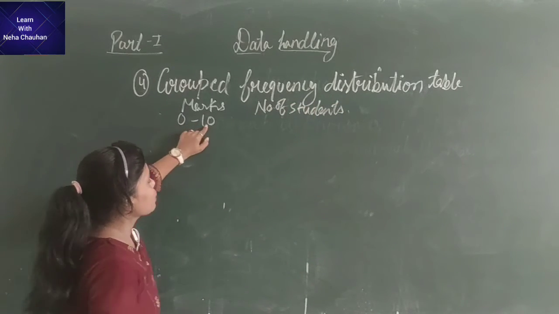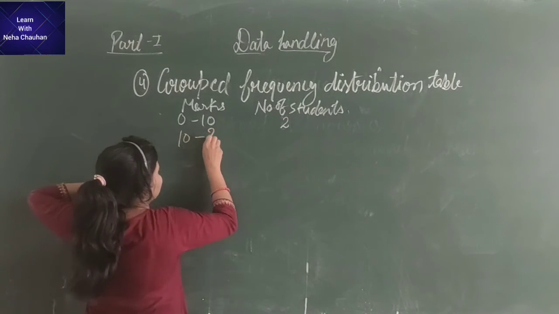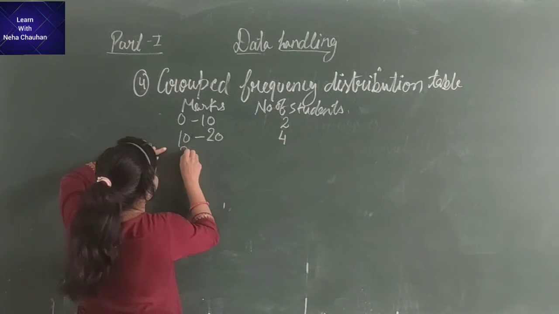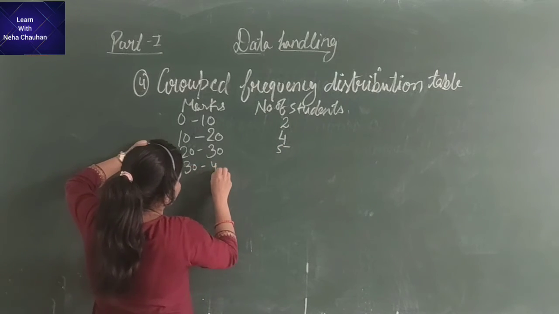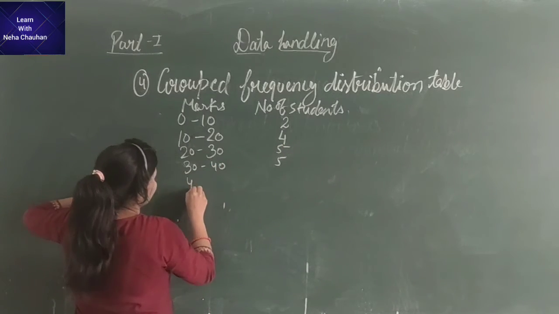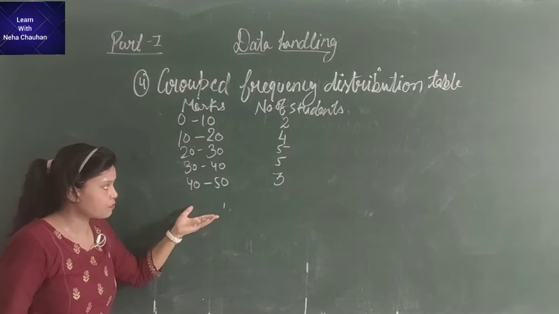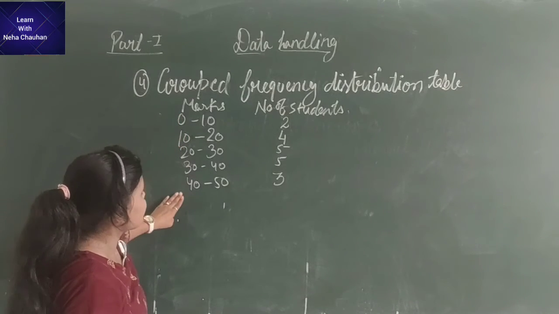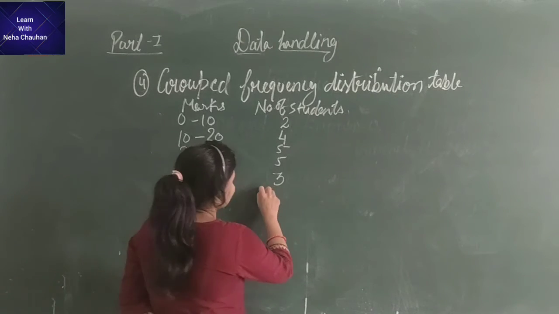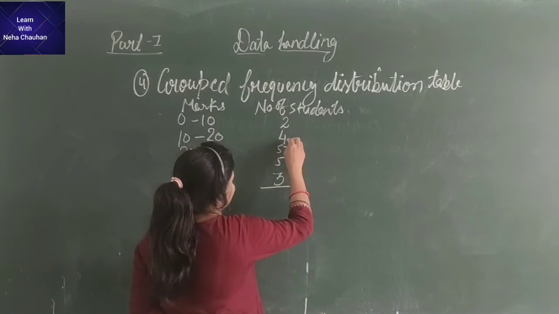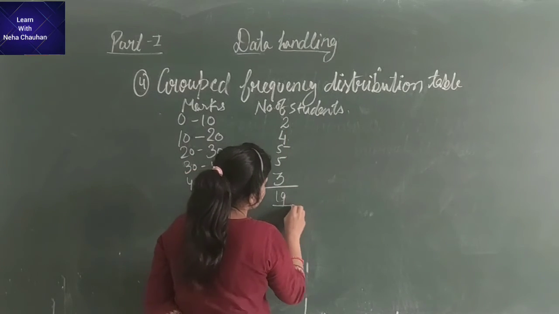So 0 to 10 there are 2 students, 10 to 20 there are 4 students, 20 to 30 there are 5 students, 30 to 40 there are 5 students, and 40 to 50 there are 3 students only. All right, so this is the class interval and these are the students who got marks. So in total we have 19 students.